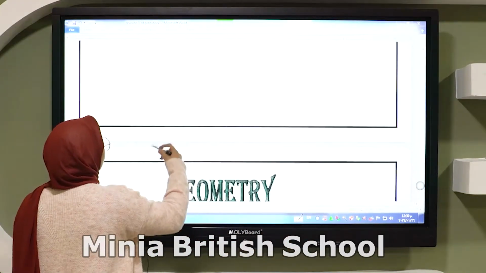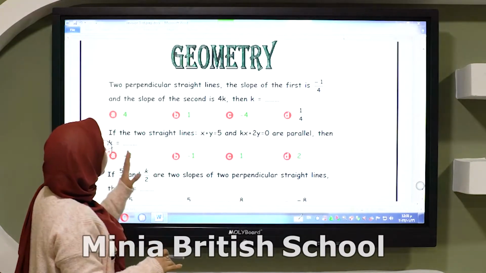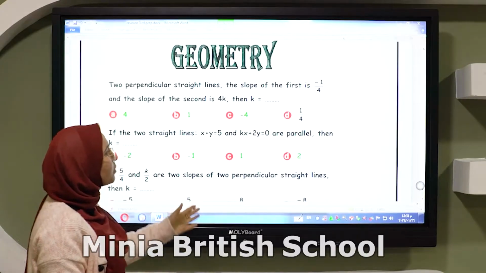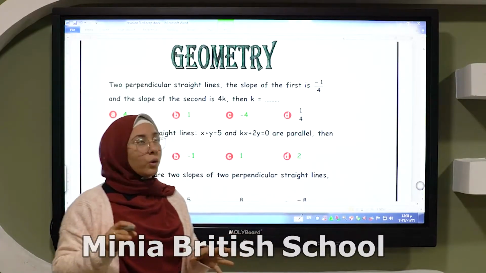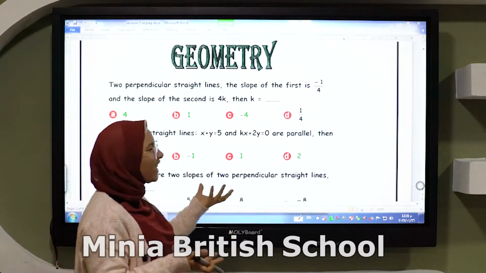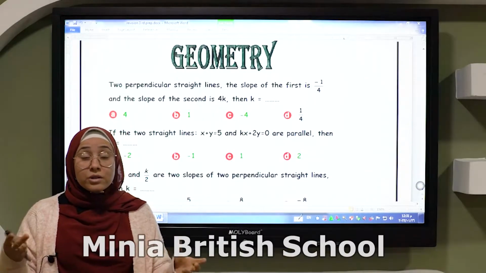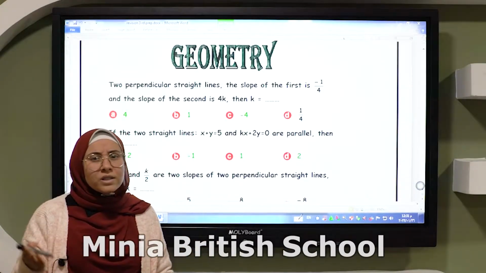The first question here is a choose, okay? The first point, 2 perpendicular straight lines. The slope of the first one is -1/4, and the slope of the second is 4k. Then k equals what? We know the product of the slopes of 2 perpendicular straight lines equals -1.